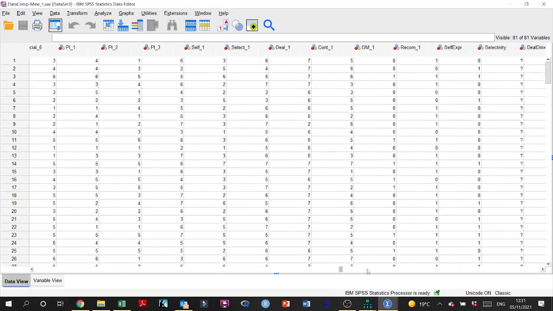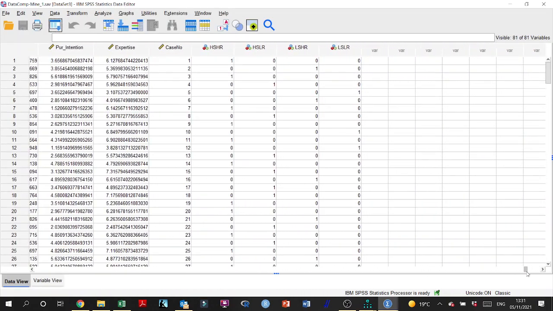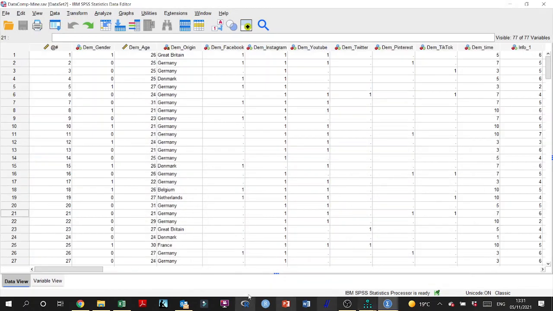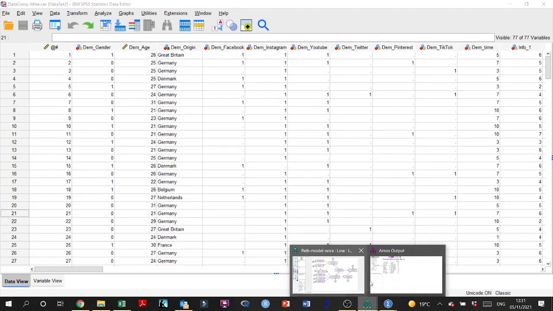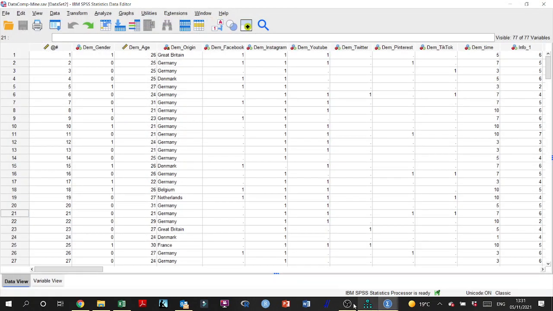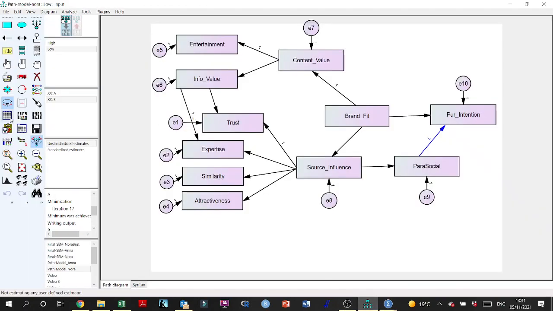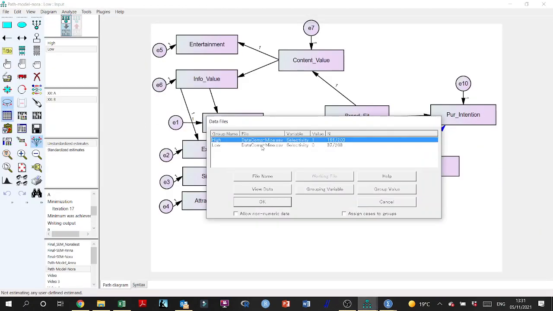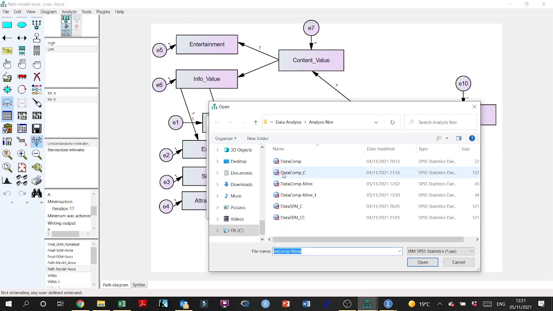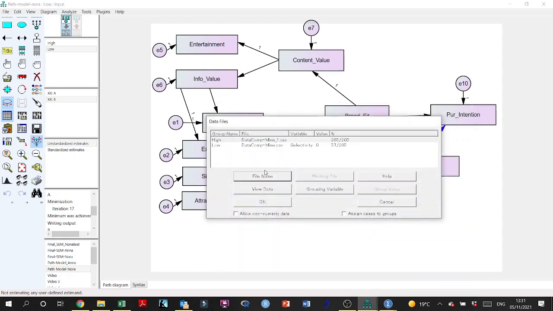I don't think it worked though. Oh, actually it did. So now we can use the same data set here in AMOS. Oh, we called it a different name, huh? Okay, mine 1. Whatever.